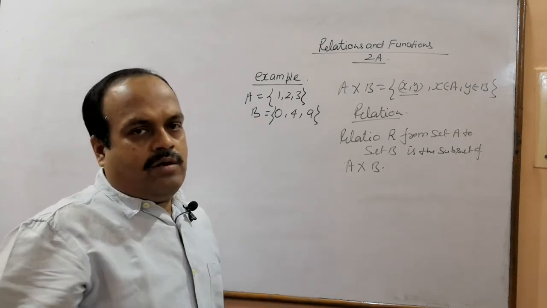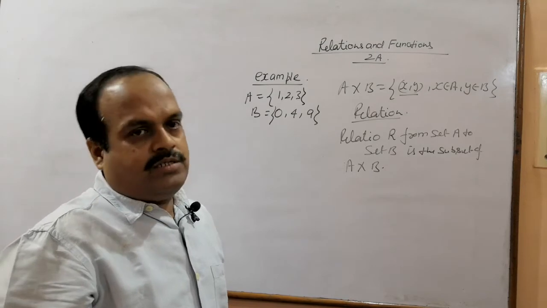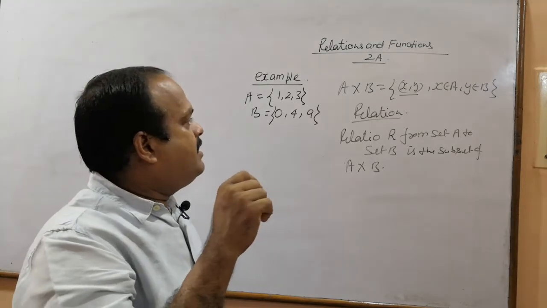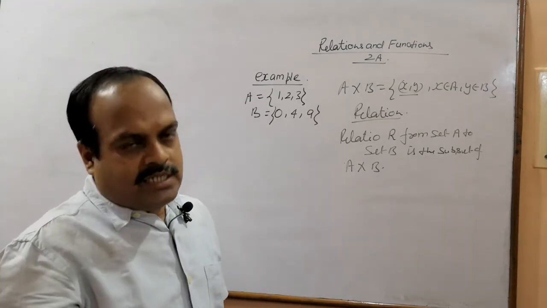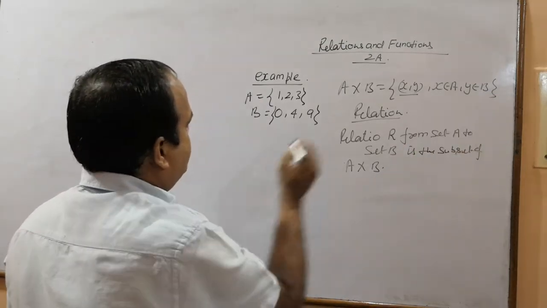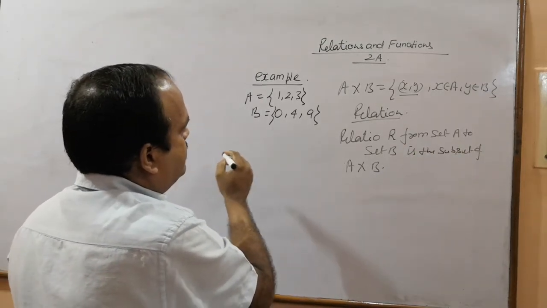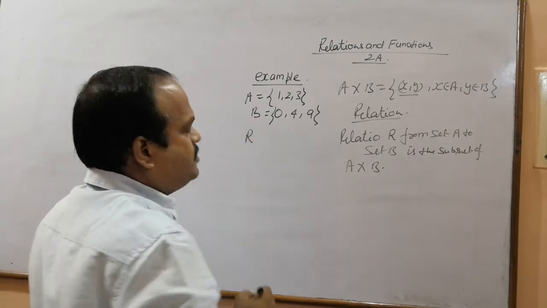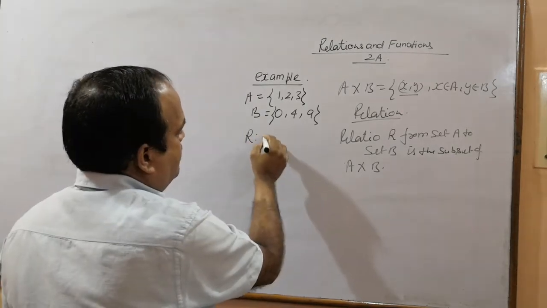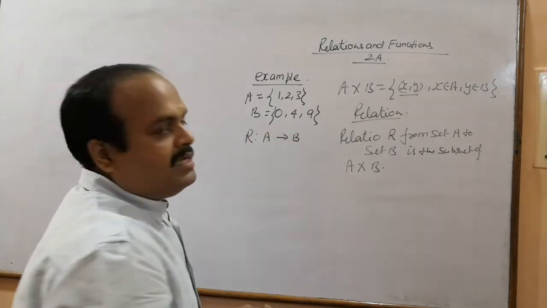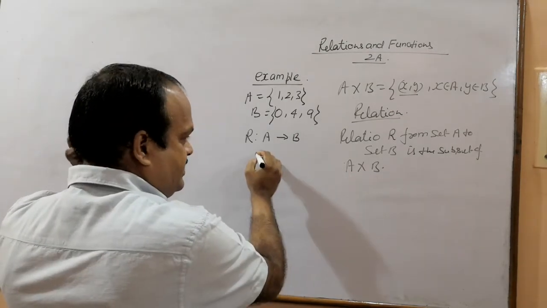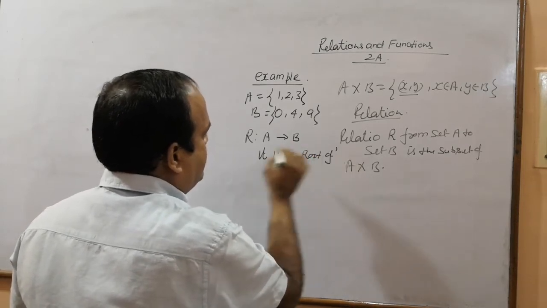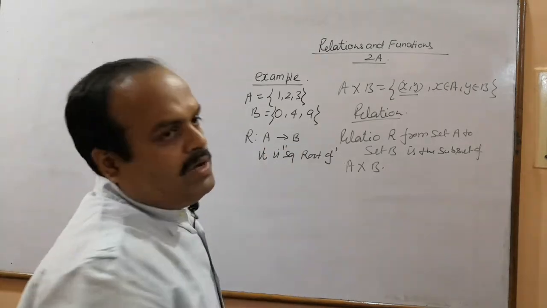Okay. Now I want to get a relation from set A to set B such that it is "square root of".